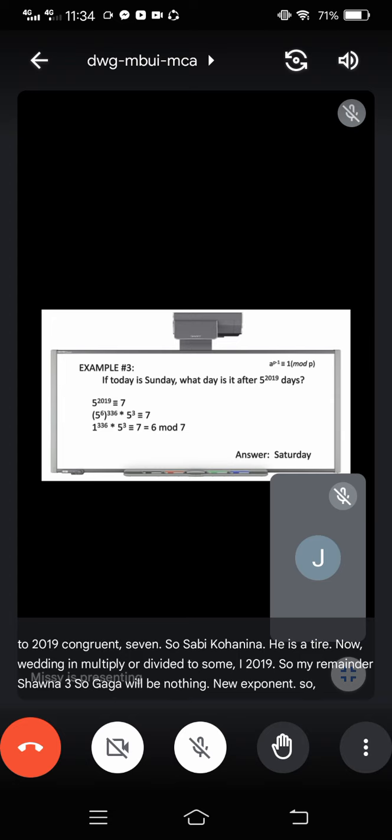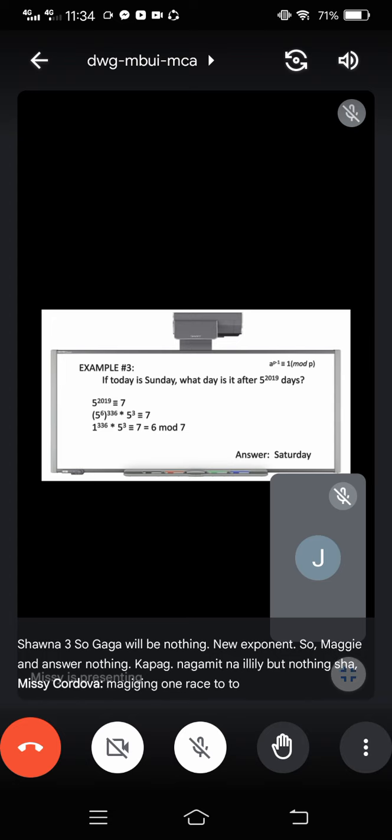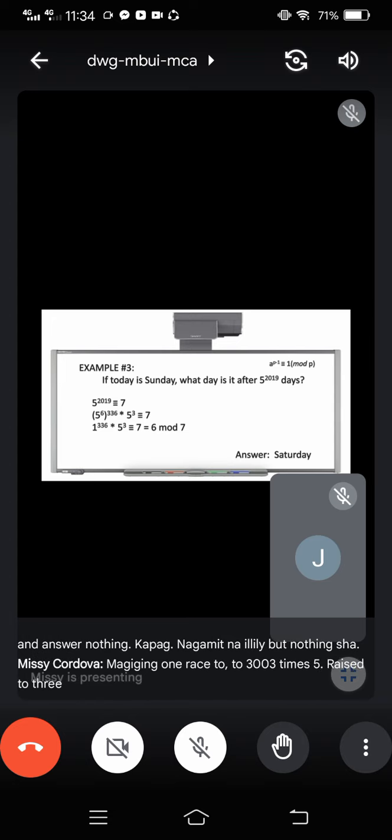Magiging 1 raised to 303 times 5 raised to 3 congruent to 6 modulo 7.